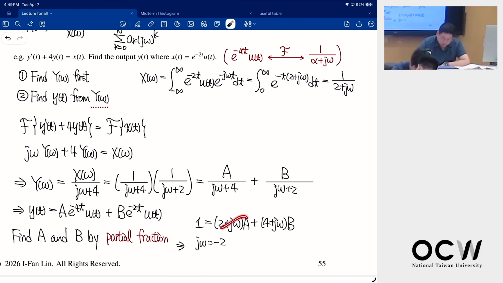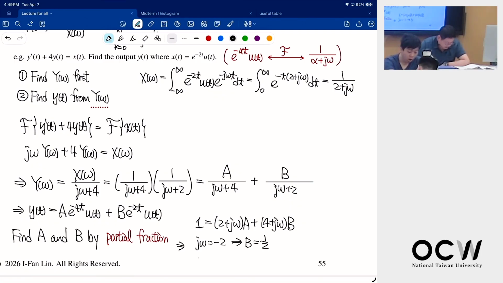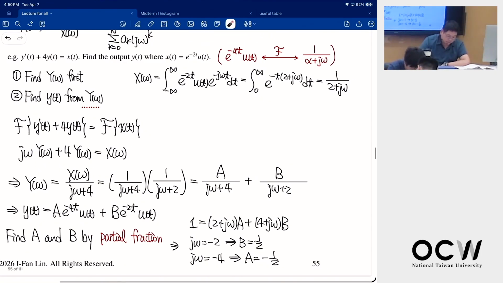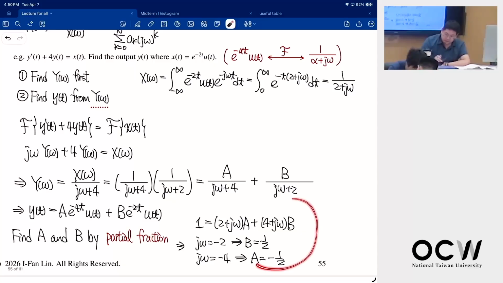Then this is 0, I got b. So b is 1/2. If j omega equals minus 4, then a is minus 1/2. Now I don't have space, so I'll bring this back to here. Okay.